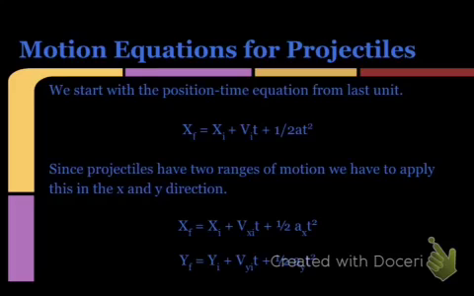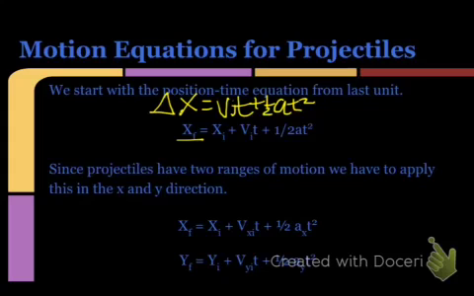So when we look at the motion equations for projectiles, it's important that you realize that these equations are the same as the ones we always look at. The only difference is instead of having x equals initial velocity times time plus 1/2 acceleration times time squared, they're looking at, again, that delta x, where we have our final and we have the initial.